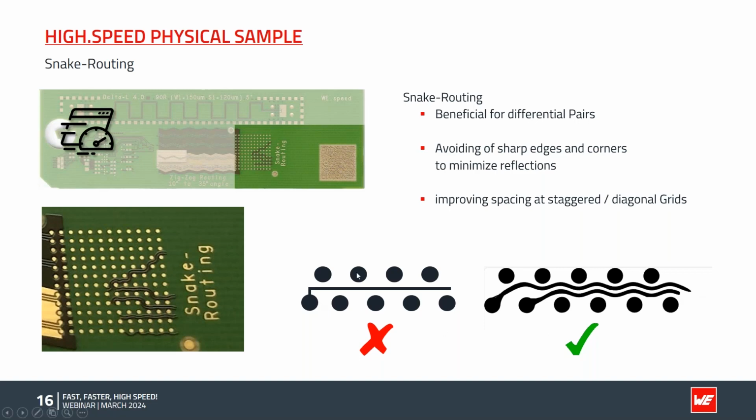The feature is you have no sharp corners in the design. It's beneficial for differential pairs. The tracks are better together and are more stable. And sometimes you can improve the spacing in the design, especially in these diagonal grids in BGA areas.